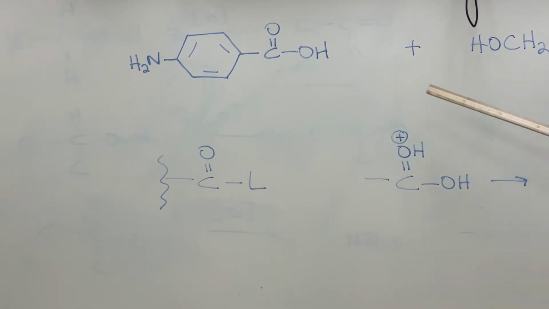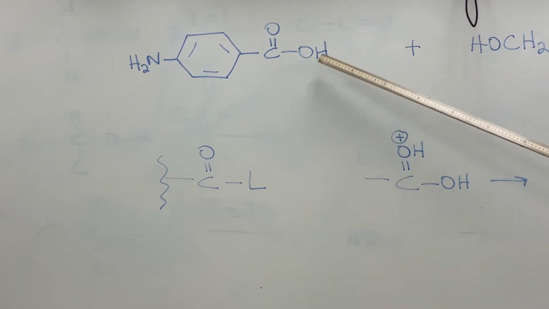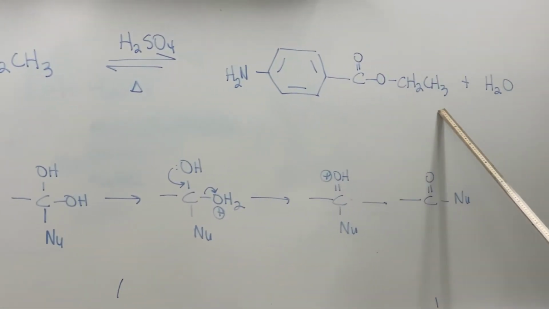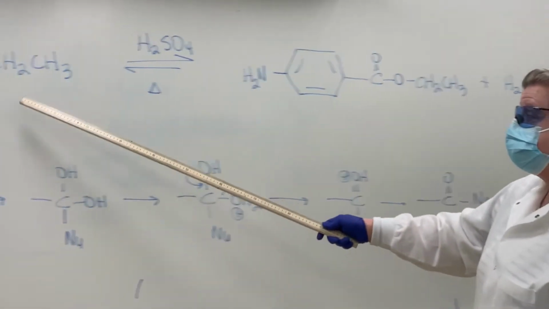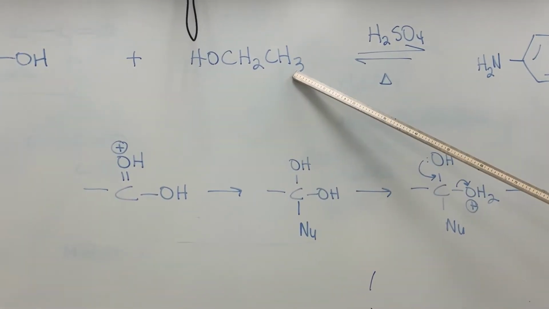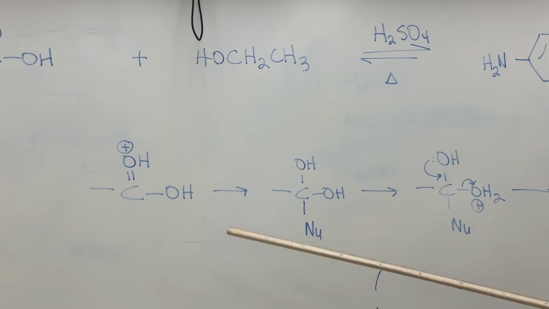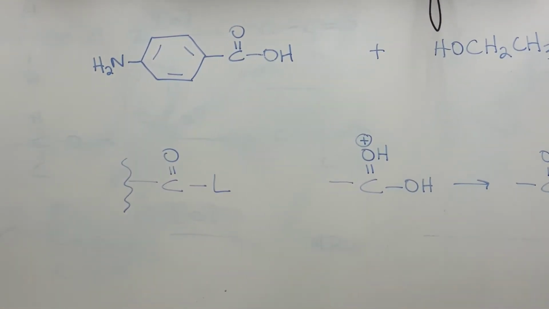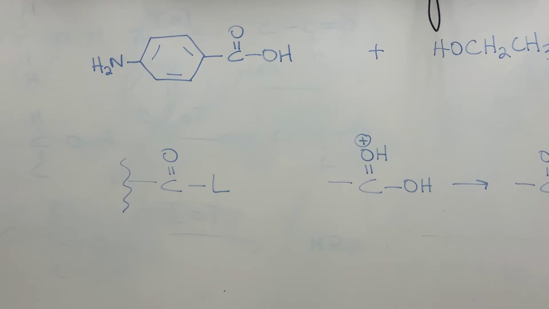If you compare what we started with, the benzoic acid derivative here, we're taking the OH group and substituting that with an O-ethyl group, whatever alkyl group was attached to the oxygen of our alcohol. Nucleophilic acyl substitutions are different than nucleophilic additions. They're really a combination of a nucleophilic addition followed by elimination.